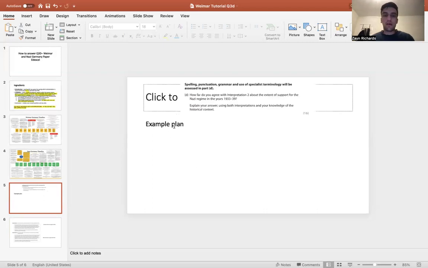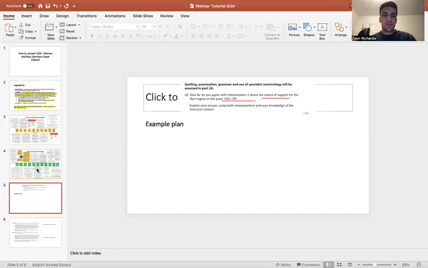Okay, so in terms of the plan then, I'm going to argue, let's have a think about this. So this is what the question says. Whilst we're annotating the question, I can think about what my argument's going to be. So the question is, how far do you agree with interpretation 2 about the extent of support for the Nazi regime in the years 1933 to 39? Okay.